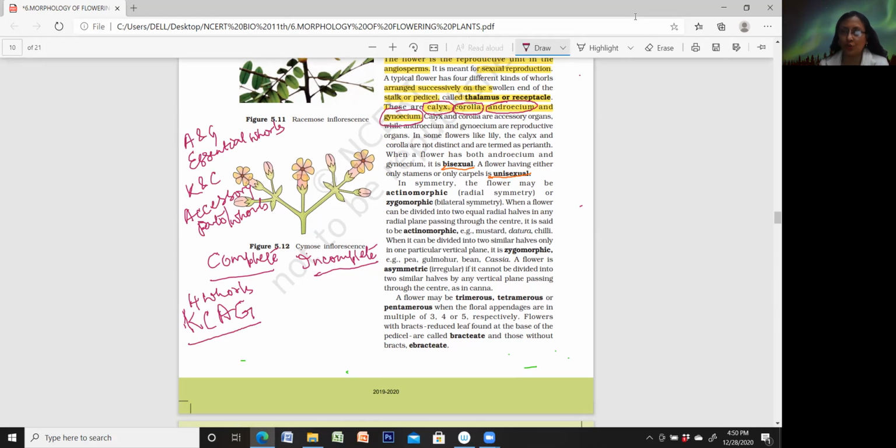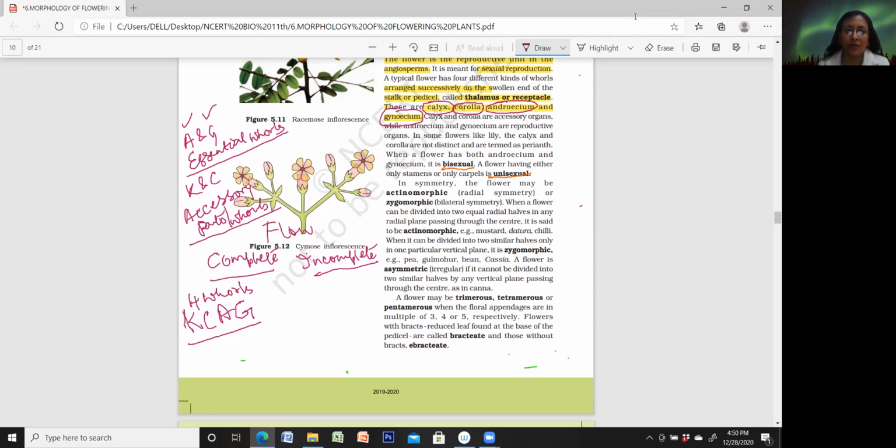Why are the petals showy at times? They are beautiful so that they can attract the pollinators. Whereas the essential reproductive function is done by androecium and gynoecium. So therefore, they are called the essential whorls.